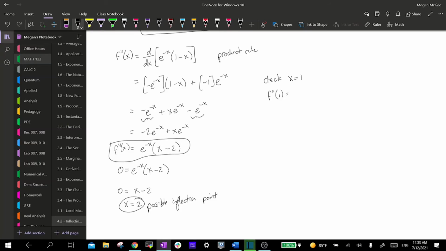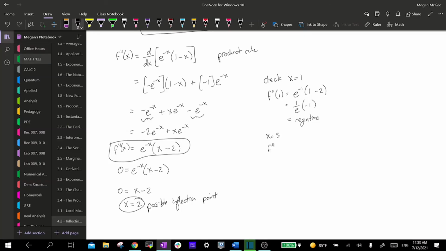So evaluated at 1 gives us e to the negative 1 times x minus 2, but x is 1. So we have 1 over e times negative 1, which is going to be negative. Okay, and then we'll check x is equal to 3.